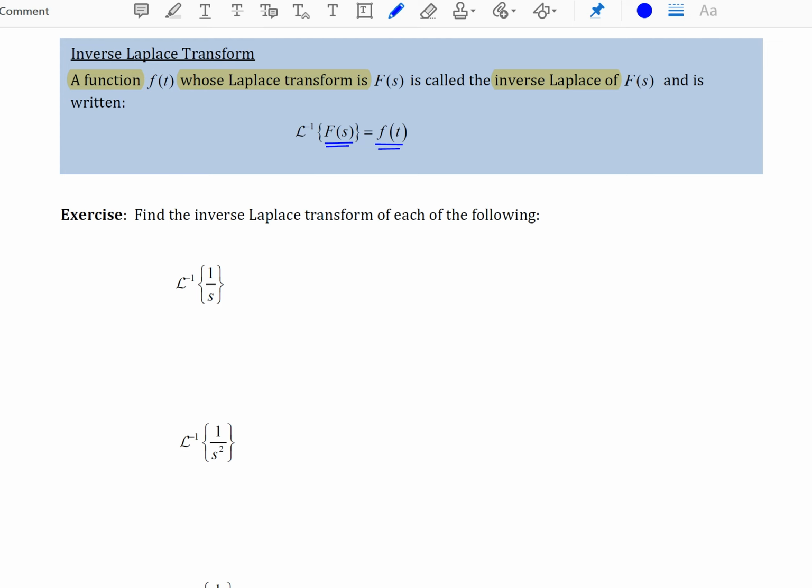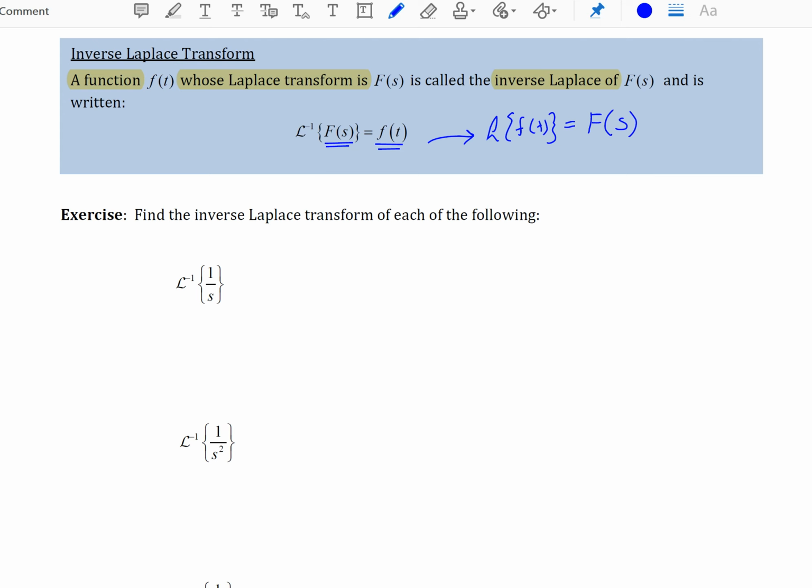Of course, f of t is going to be the function such that if I did the Laplace of f of t, we would get F of s back again. Now again, think about this the same as you do integrals and antiderivatives. It's the same process.